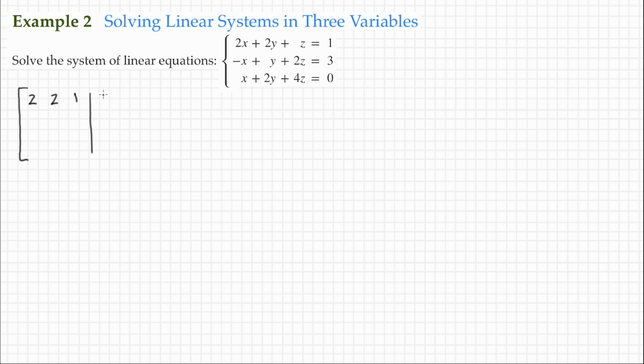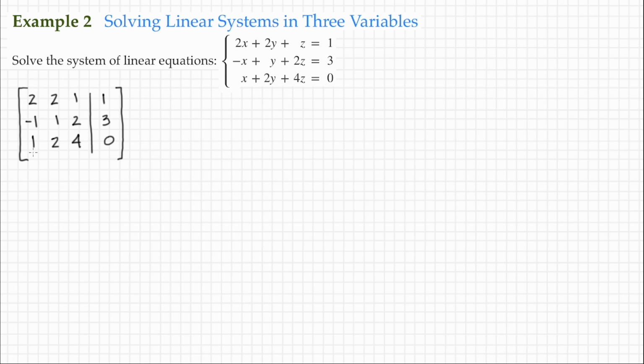That'll be 1. Then I could close off the matrix. The next row here, -1, 1, 2. And then for our constant, that's 3. Then we have 1, 2, and of course 4, and our constant is 0.